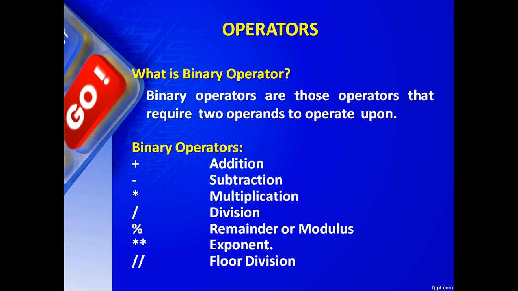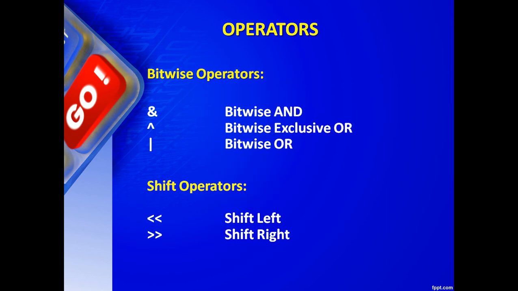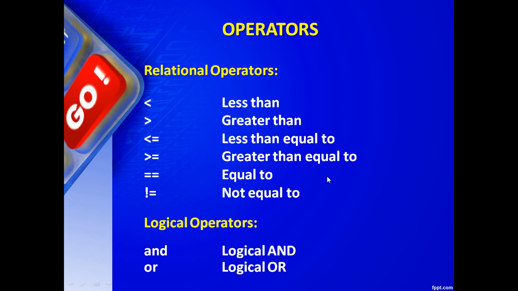So next are your bitwise operators: bitwise exclusive or, bitwise or. Then you have some shift operators, left shift and right shift operators, right? We'll see practically how these operators are used in the program. You have relational operators: less than, greater than, equal to, less than or equal to, not equal to.